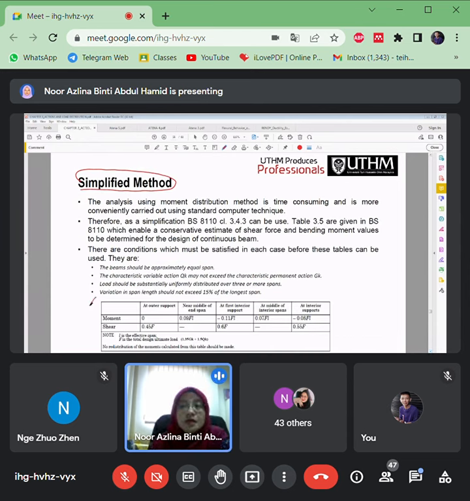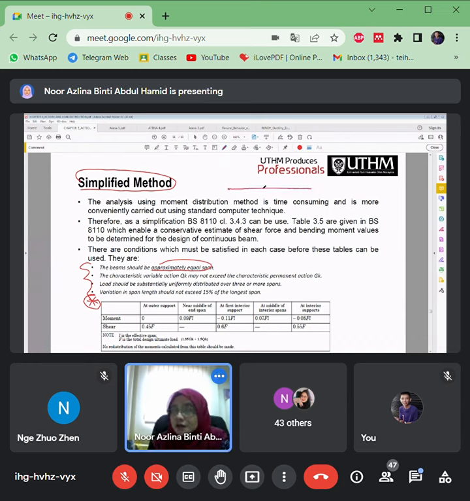Alright, this is easy, the simplified method. If you want to use the simplified method, just use the table, you don't need to use the moment distribution method from earlier. But there are requirements that need to be fulfilled before you can use this simplified method. It has conditions. To make it easy there must be conditions, right? So this is the requirement. The first thing, the beam should be of approximately equal span.